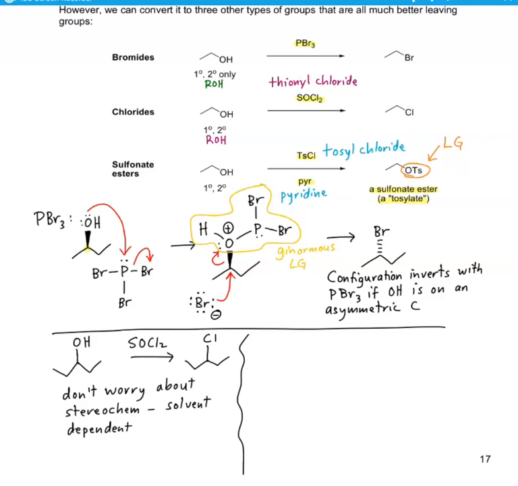Now, another thing that you can do with PBr3 and with SOCl2 is to treat carboxylic acids. So you can also replace an OH group on a carboxylic acid.